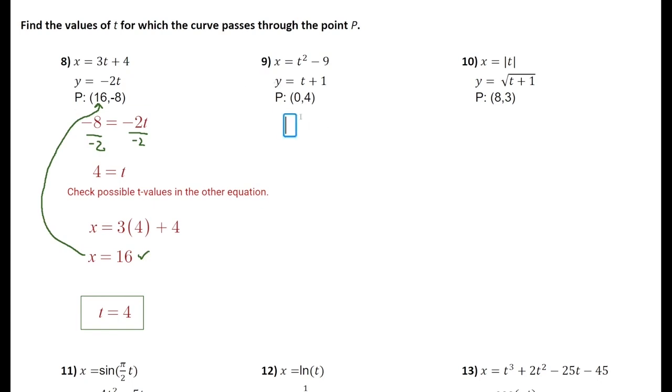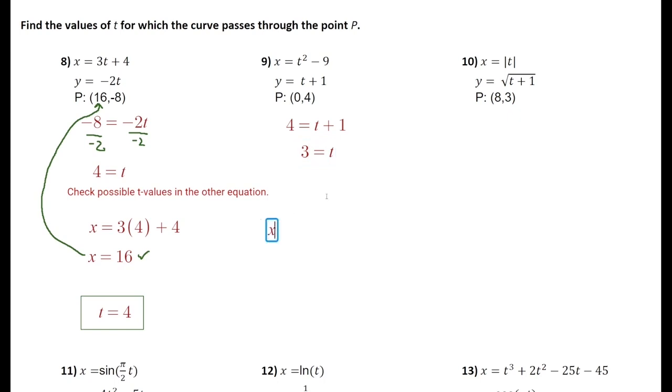Okay, so we'll solve the y equation. The y equation is y equals t plus 1, and we're going to substitute y for 4. So 4 equals t plus 1, subtract 1 on either side, and we get t equals 3. And so this is going to be a potential solution that we can check in the other equation.